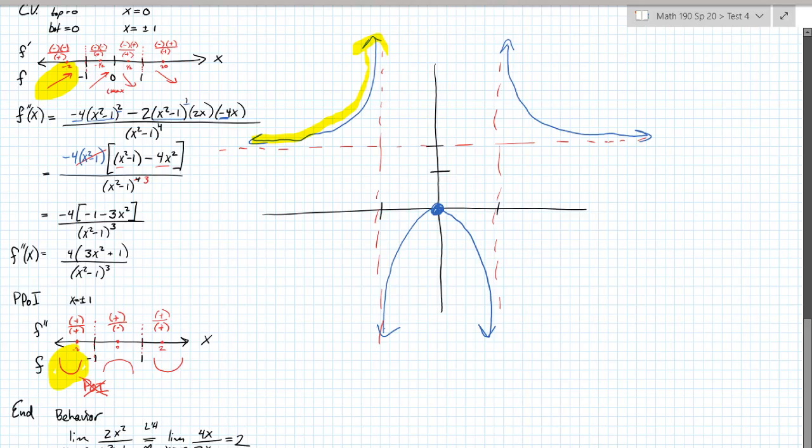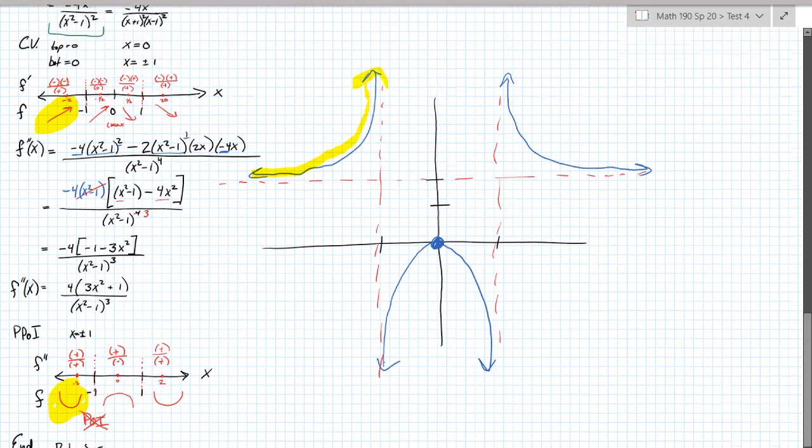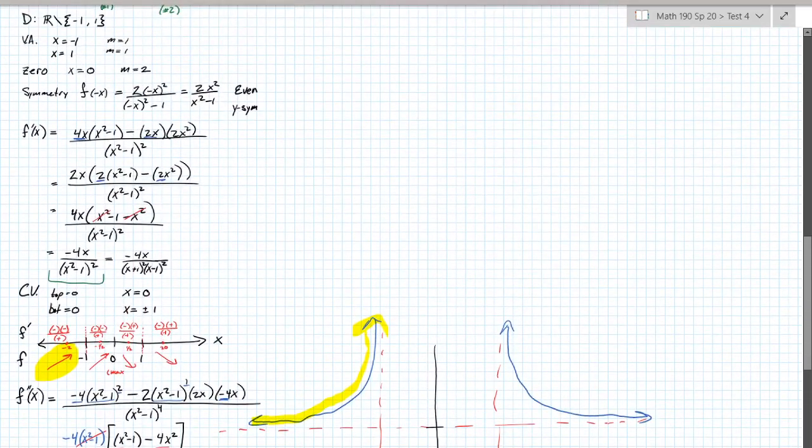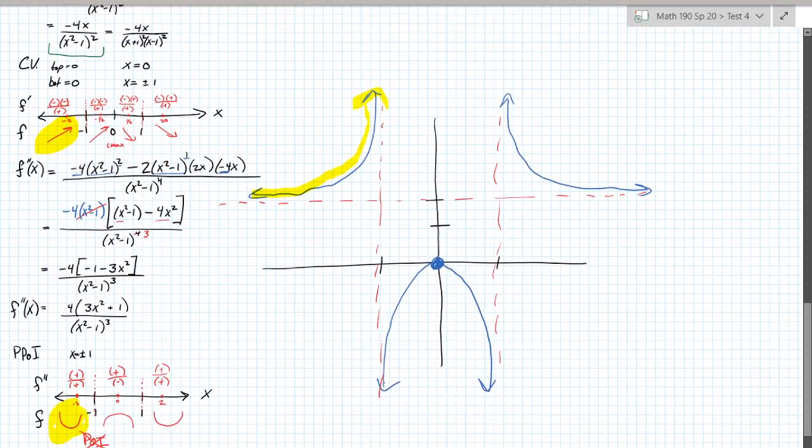Then we have a vertical asymptote, and it flips across the vertical asymptote. We got that from the multiplicity of the vertical asymptote. Then it's increasing concave down with a maximum at 0.